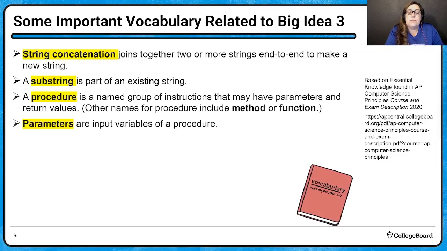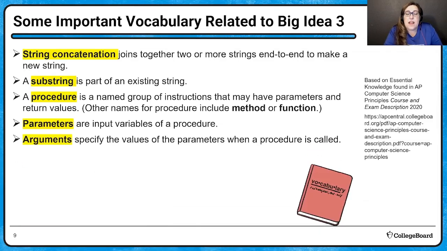Parameters are input variables of a procedure. So sometimes we are going to send values to the procedure to somehow do something inside the procedure. The values that we send to the procedure are called parameters. Arguments specify the values of the parameters when the procedure is called.